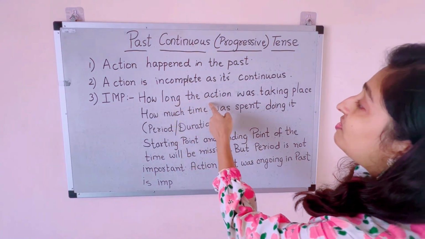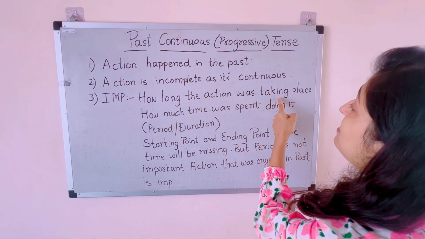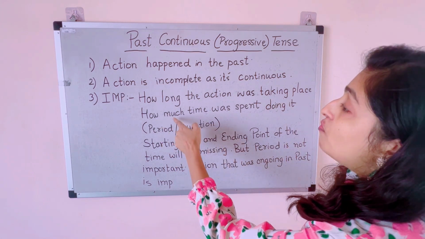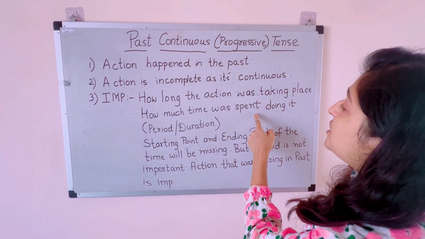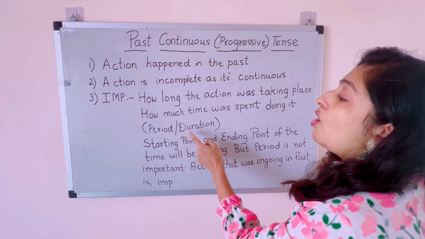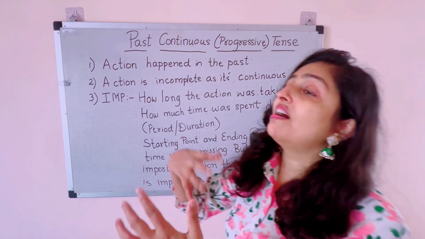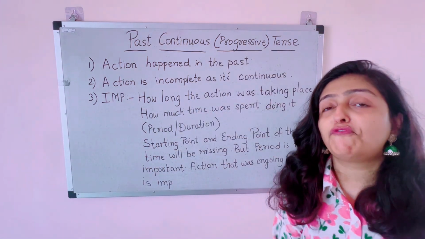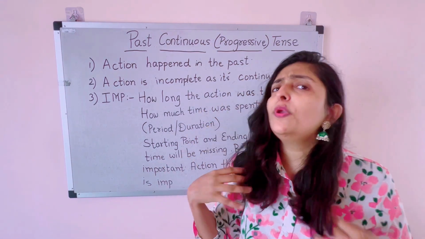How long the action was taking place, how much time was spent doing it, that is the period or duration or the extension of time. I hope you're getting it.